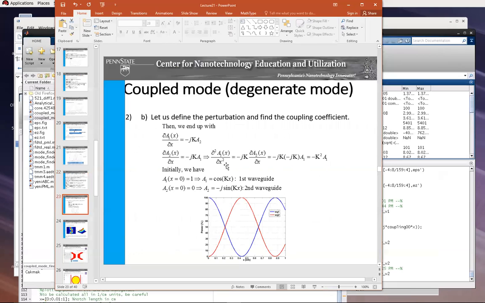So if we look into it, we can further derive this as the strongly coupled case, right, from A1 to A1. And we initially know that A1 is 1 and A2 is 0 at x equals 0. That's the initial point.